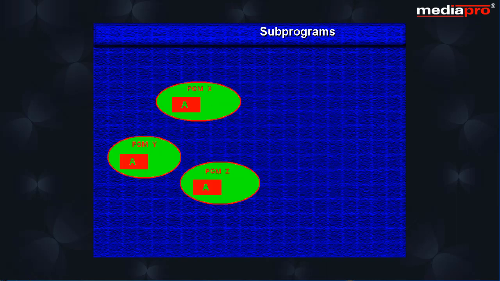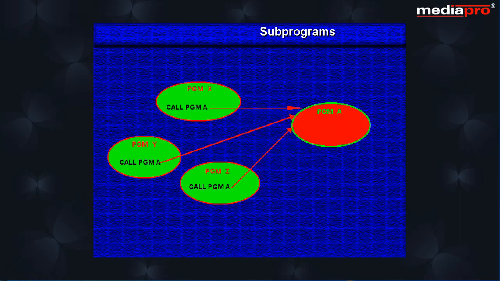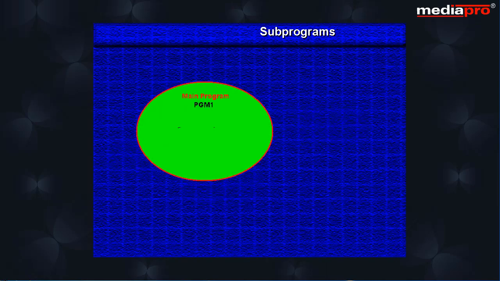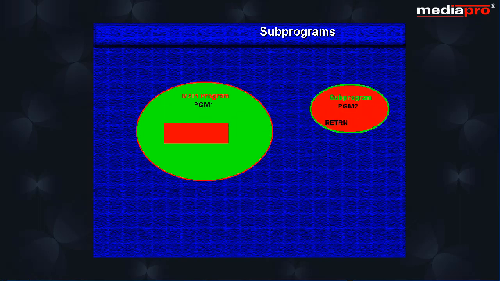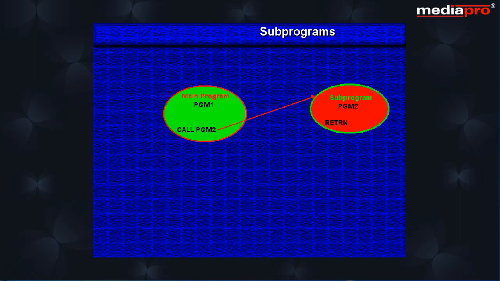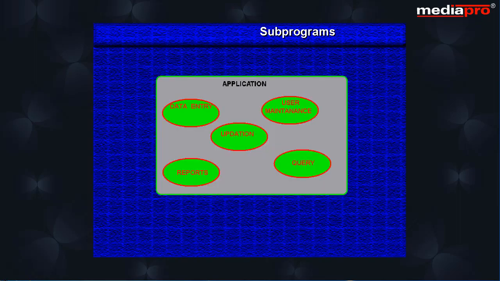Code that might be used very frequently by different applications can be put into a separate program and shared rather than having to repeat the code in each program. Code that is infrequently used could also be separated out into a subprogram, thereby reducing the size of the main program. Also, it is much easier to maintain programs that are smaller and less complex.